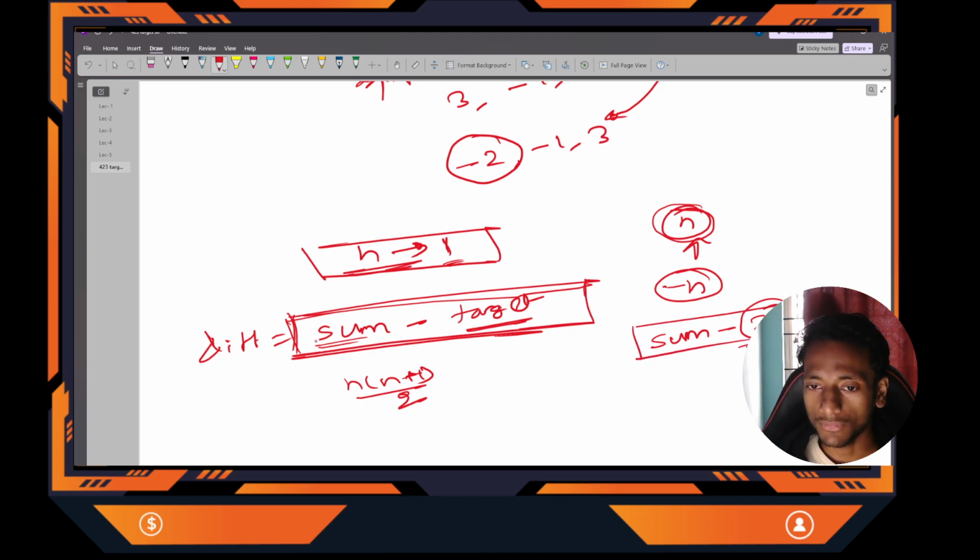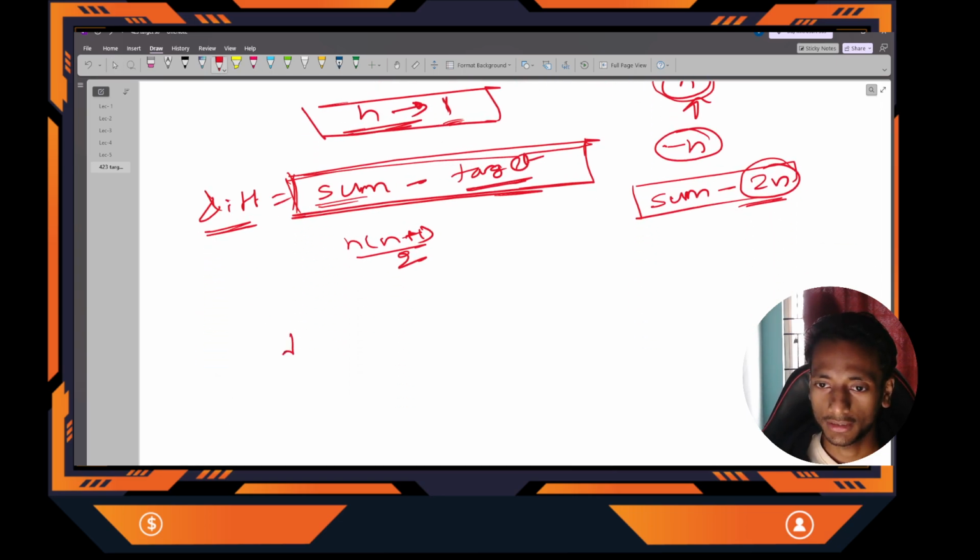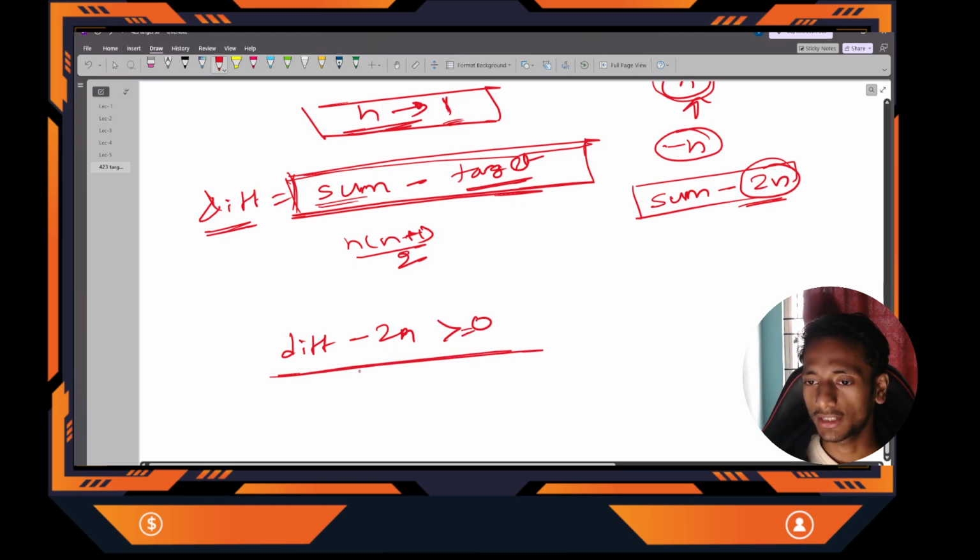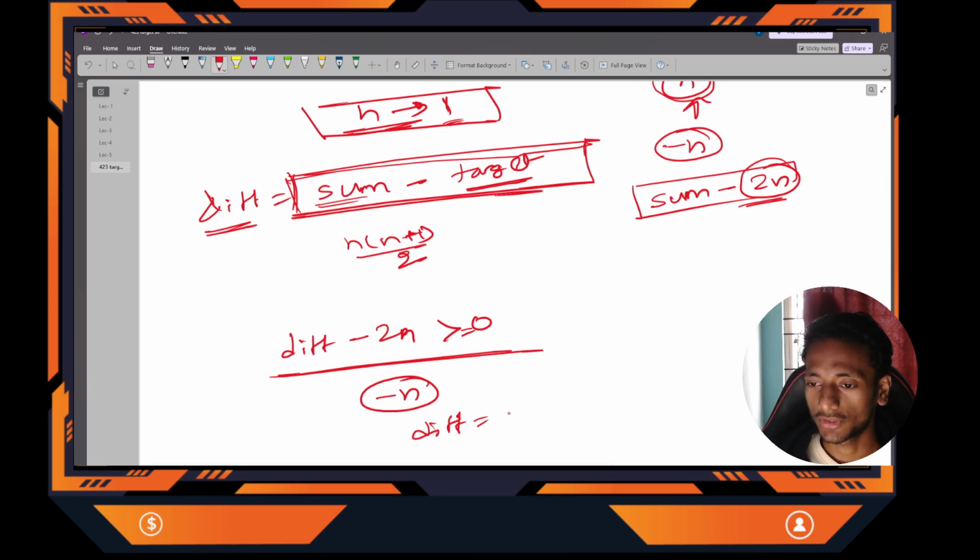So I will ultimately choose: if diff minus 2n is greater than or equal to 0, then I can convert this. So I'll convert this to -n and go to the next number. Also adjust the diff, because I've already converted one number n to -n, so diff will be decreased by 2n.